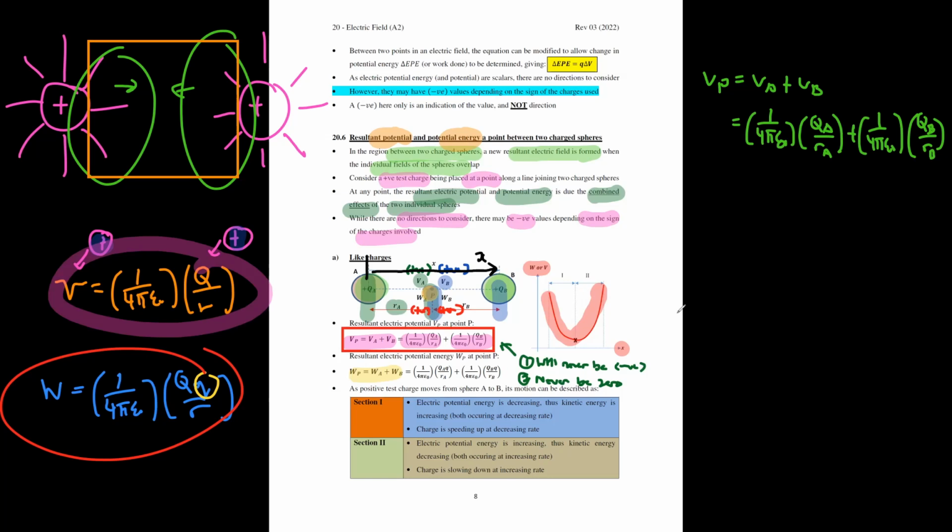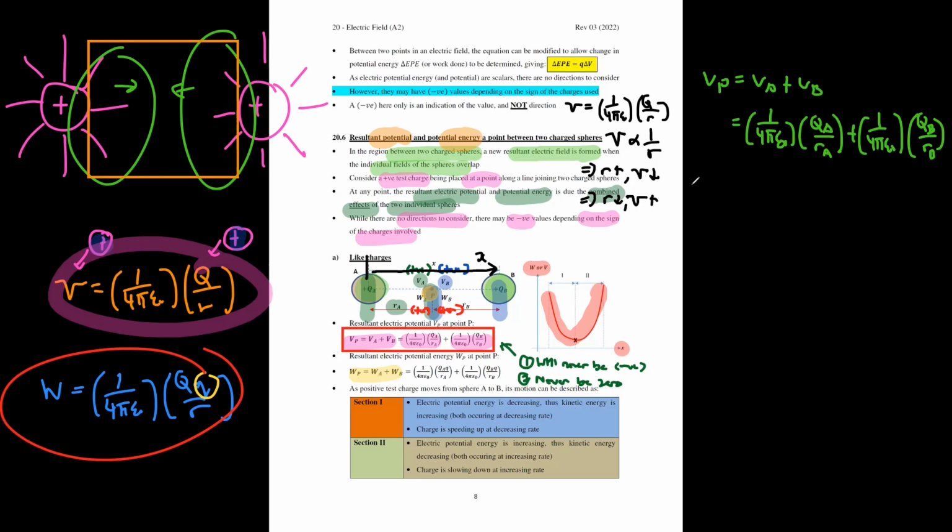Consider this: if V is 1 over 4 pi epsilon naught Q over R, your potential is inversely proportional to R. Which means if R increases, potential drops. If R drops, your potential increases.